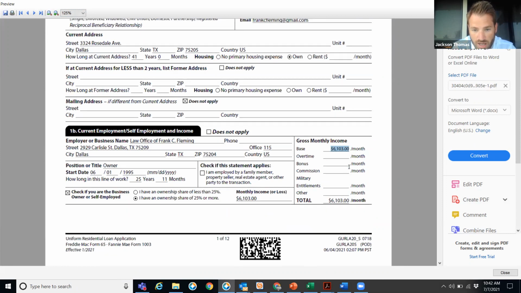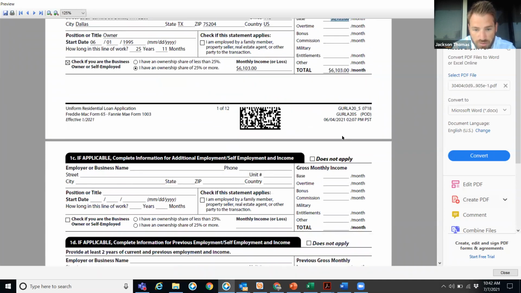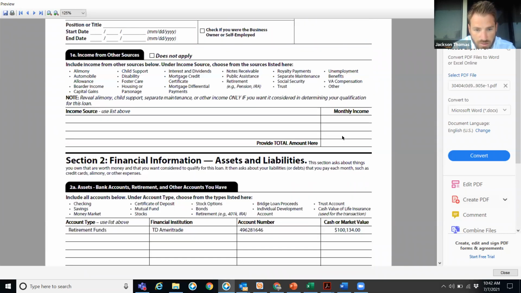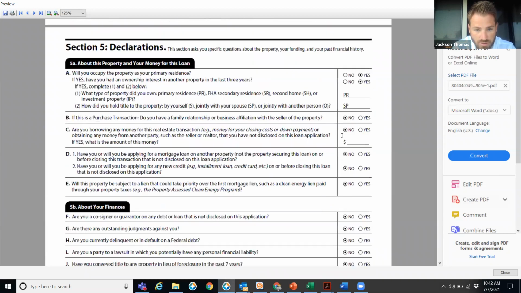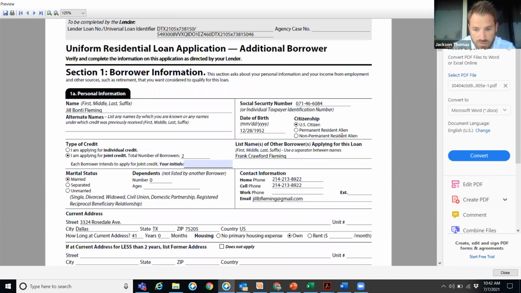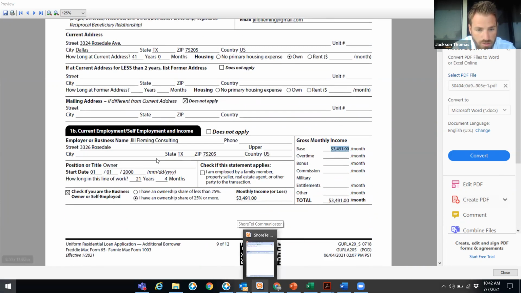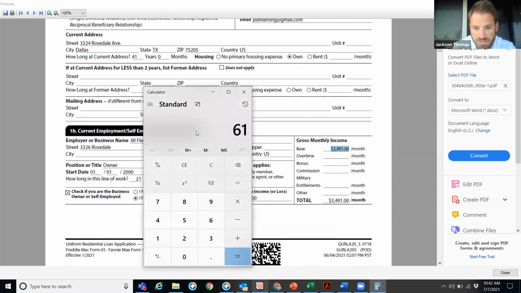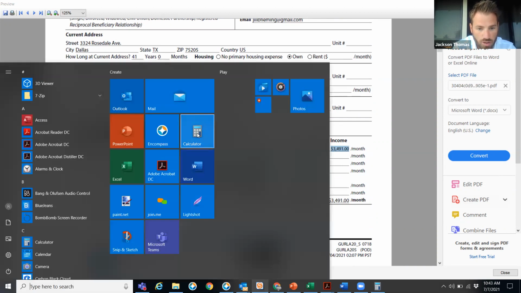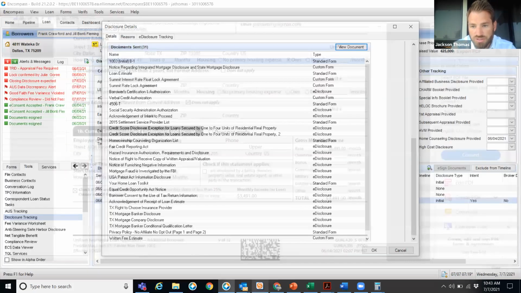So we have a base income that we gave for this borrower at 6103. And then the second borrower, borrower number 2, 3491. So it's 6103 per month for the first borrower that we pre-approved, and 3491 for the second. Okay, so we'll save those numbers.